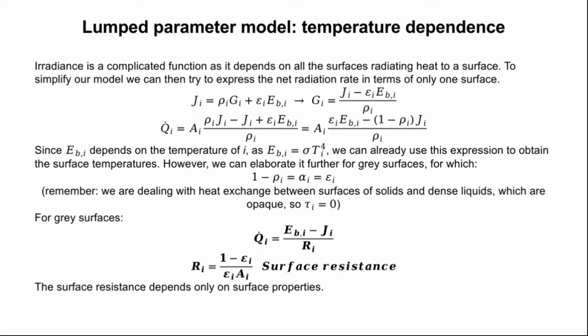So, for gray surfaces we can express Qi as Ebi minus Ji over Ri, where Ri is 1 minus epsilon i over epsilon i times Ai, and is called surface resistance. As you can see from its expression, surface resistance depends only on surface properties.